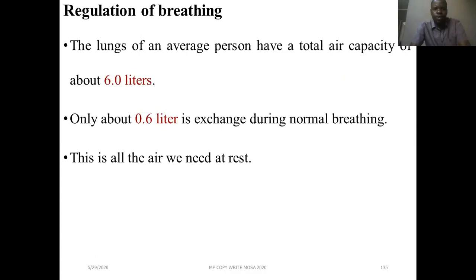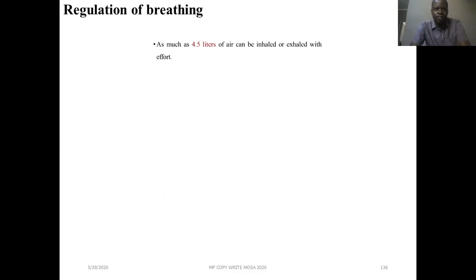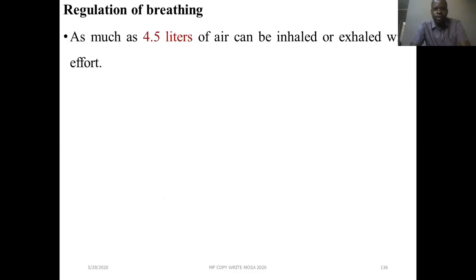This is all the air we need at rest. During exercise, deep breathing forces out much more of the total lung capacity. As much as 4,500 milliliters of air can be held or exhaled with effort.